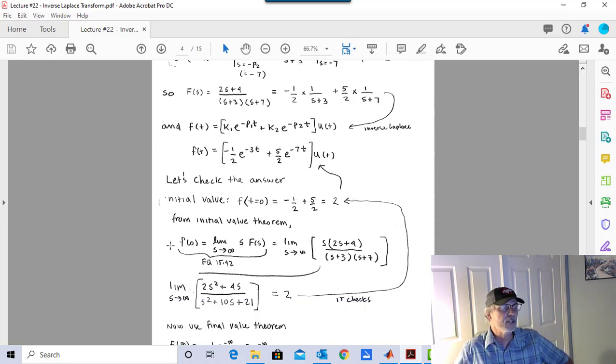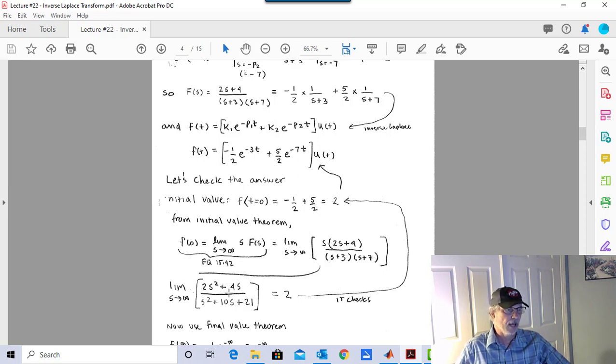Let's use the initial value theorem. Here it is. The little f of t at t equals 0 is equal to the limit as s goes to infinity of s times F of s, time and frequency domain being the inverse of each other like we talked about in the last lecture. So here's F of s multiplied by s. Let's take the limit as we go to infinity. So I'll multiply this out and I'll get 2s squared plus 4s.